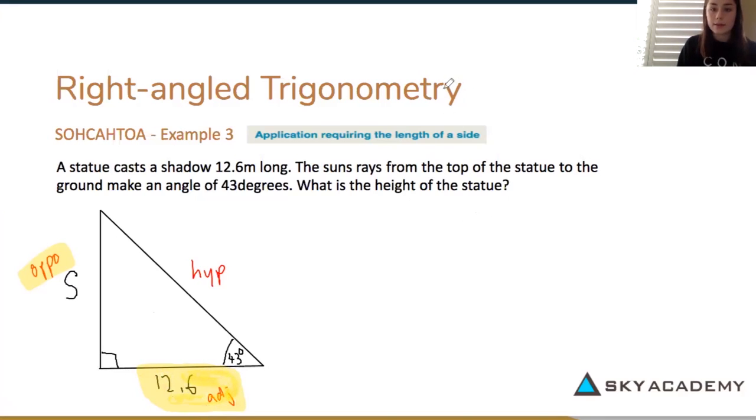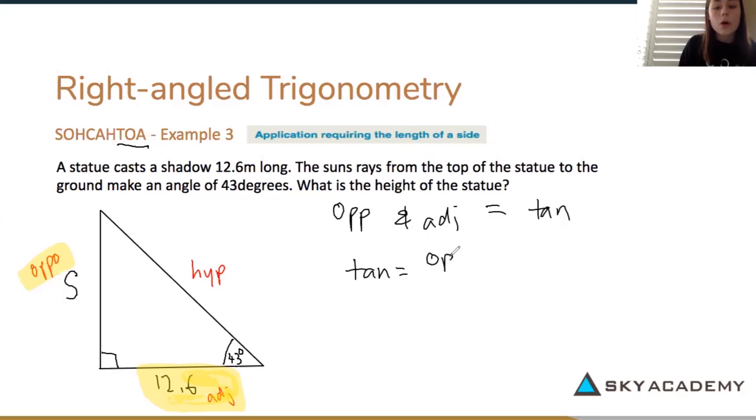I have my opposite. Oh, we're in yellow. Let's change to black. Here we are. I have my opposite and my adjacent. And I know my opposite and adjacent is going to equal tan. Because once again, if we have a look here, the only one with opposite and adjacent is our tan. I know tan equals opposite over adjacent.